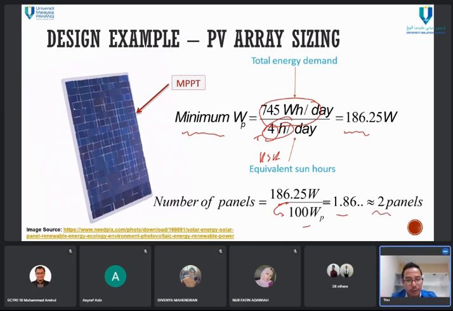We round it up, because it's minimum, to 2 panels. So we need 2 panels of 100 watt. If we use the 200 watt panel, we only need one.